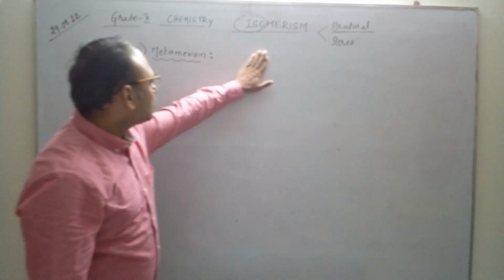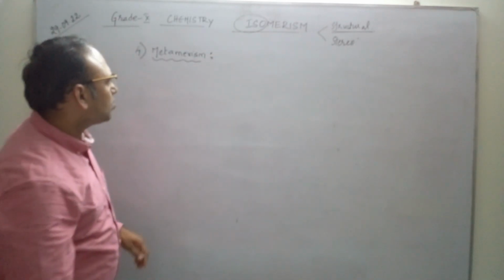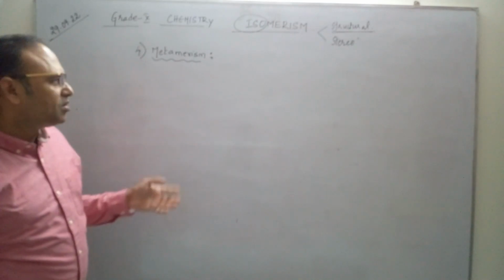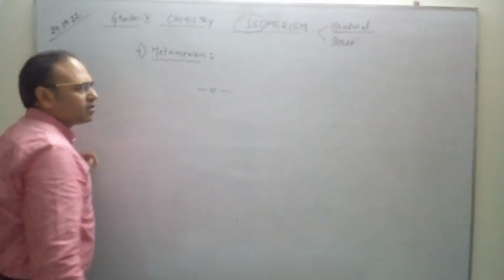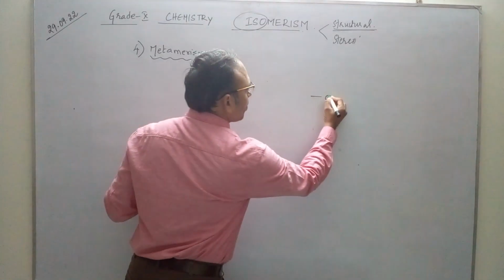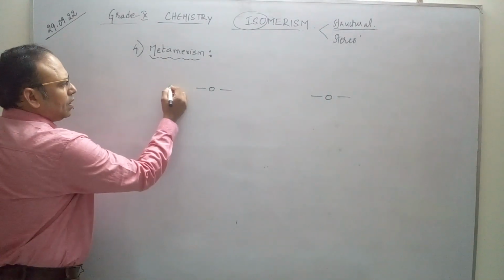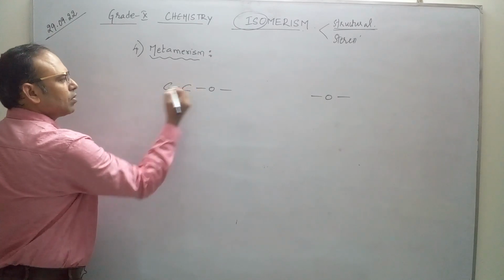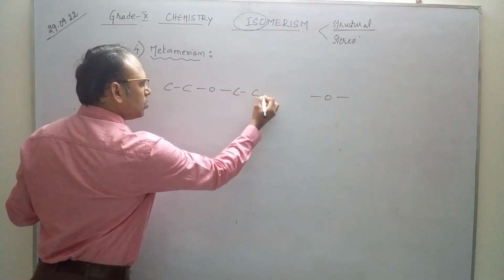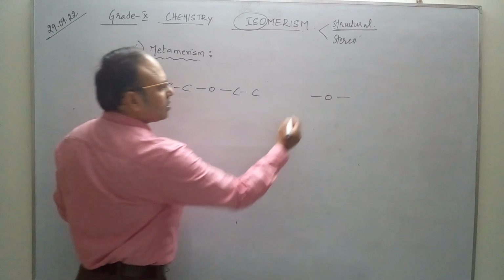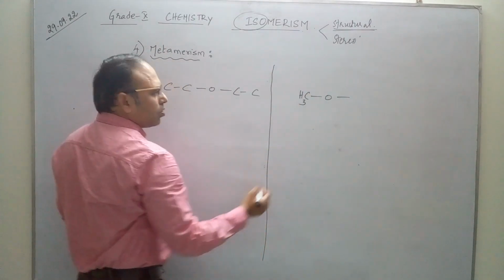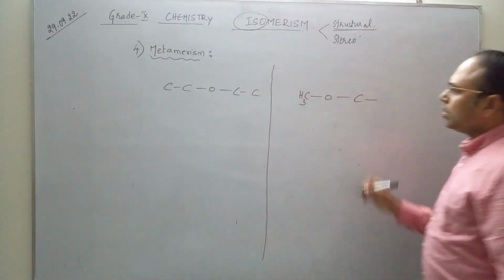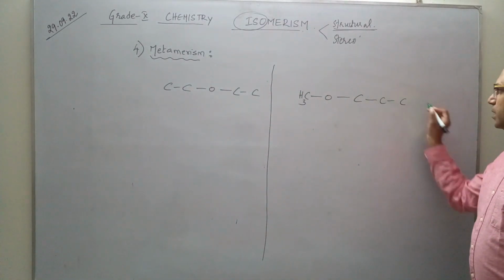What is that? The 2 compounds which have the same molecular formula but unequal distribution of carbon atoms. Now let us take the first functional group, ether. Fine. Here I can get 2 carbons, here also 2 carbons. On the other side I can write 1 and 3, because 4 are there, you can mention like this.